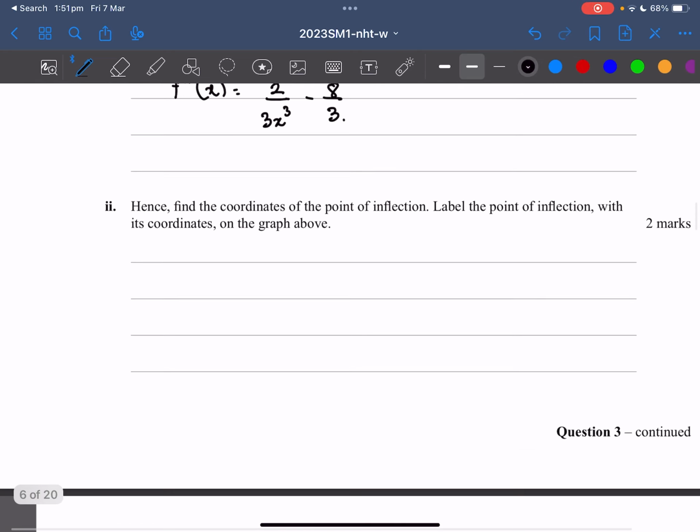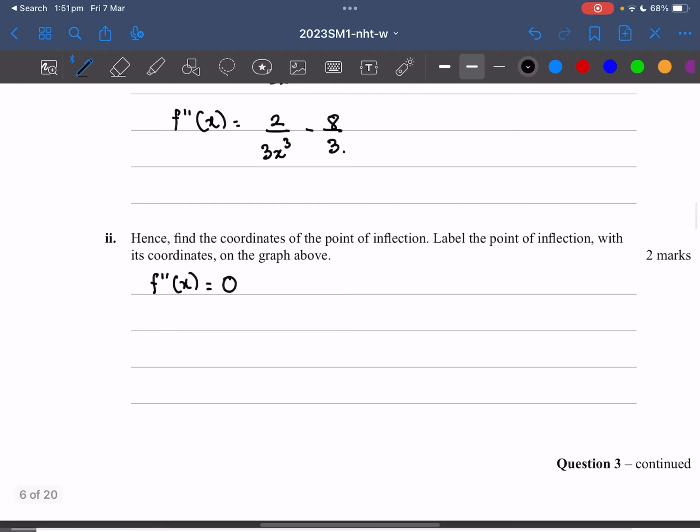Okay, so hence find the coordinates of the point of inflection, label the point of inflection with its coordinates on the graph above. Okay, so to find the coordinates of the point of inflection, we have to set the double derivative equal to 0. So f double dash of x equals 0. So 2 on 3x cubed, take away 8 on 3 has to be equal to 0.